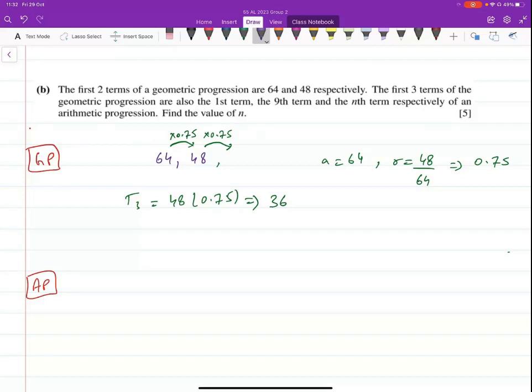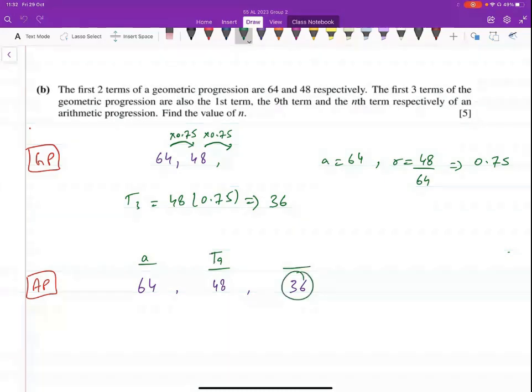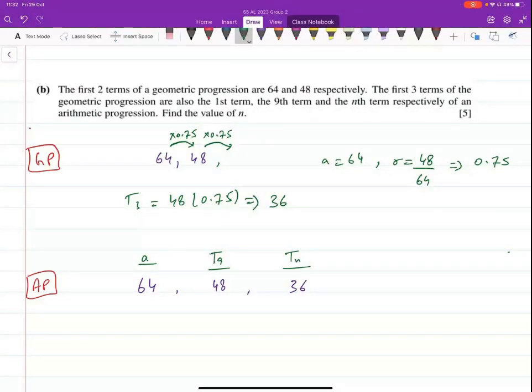These three terms are also part of that arithmetic progression: 64, 48, and 36. 64 is the first term, so this is our A. 48 is the ninth term, so that's T9. 36 is the nth term, so that's Tn. This is what we've got.